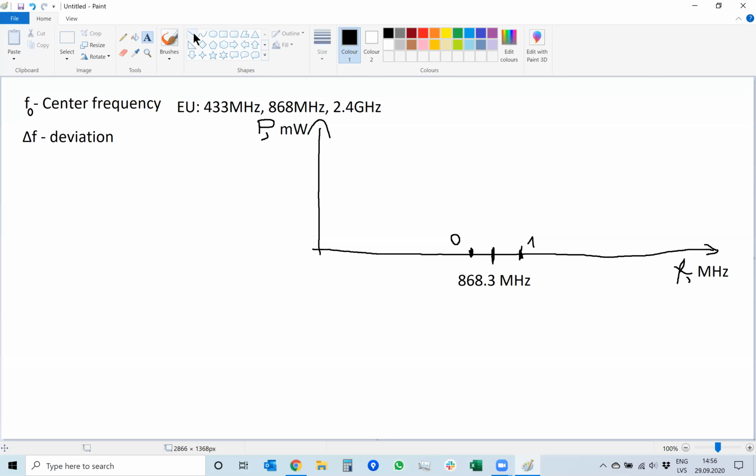And I will draw it in this picture. Let's see. Delta F is this distance from the center frequency to one side, and from the center frequency to the other side is the second delta F. So there are 2 delta F. 1 and 0 is 2 delta Fs apart, not just 1, okay?